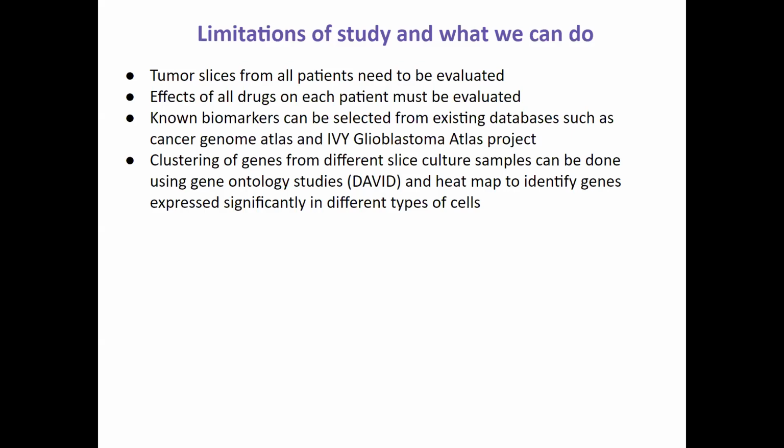Even though they had access to different types of tumors, they used tumor samples only from a single patient. If we are able to retrieve data from other patients and analyze the effect of drugs on them as well, we will be adding to what the study has already done. So this is what we plan to do.